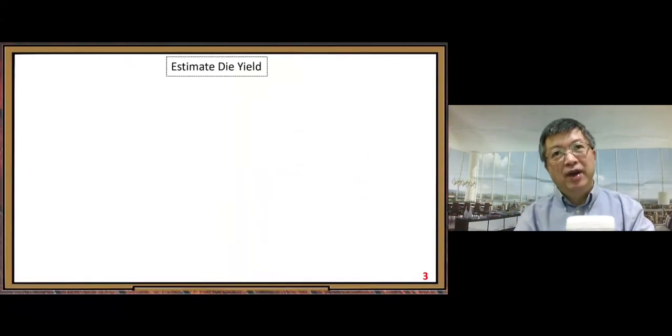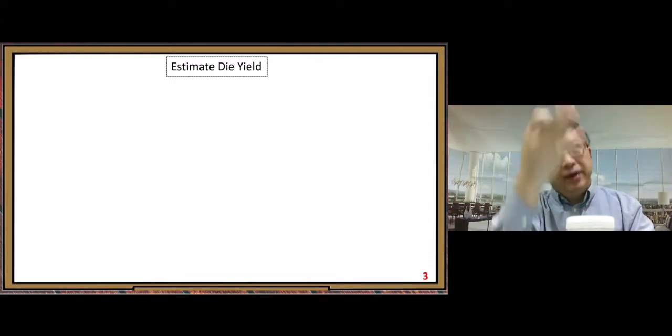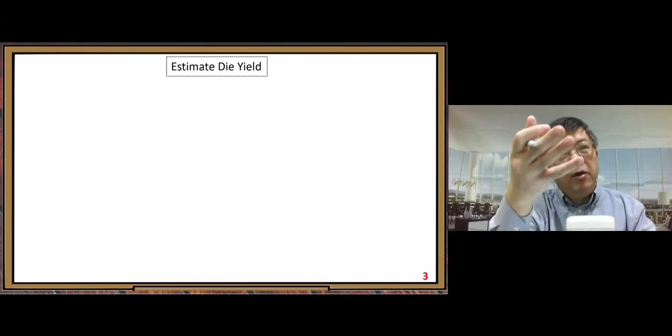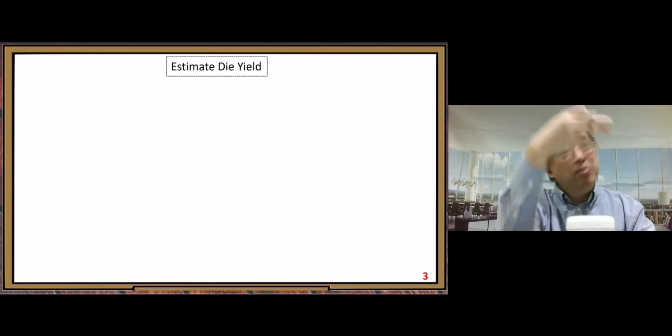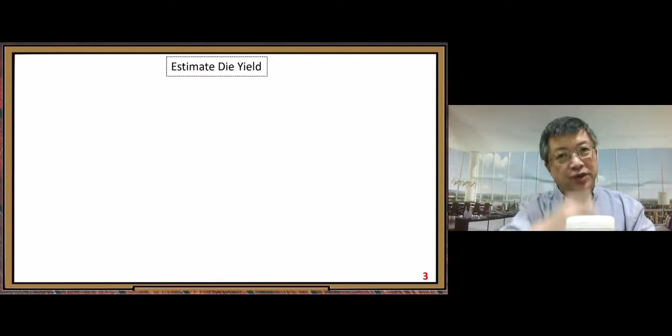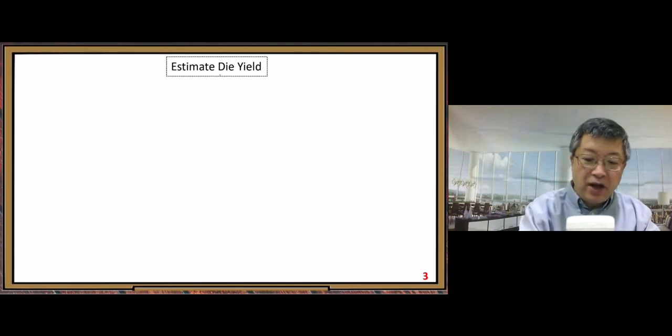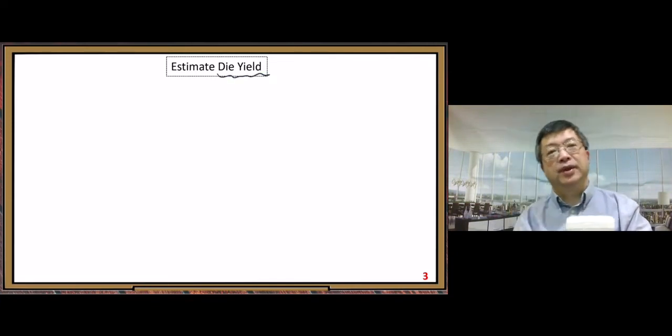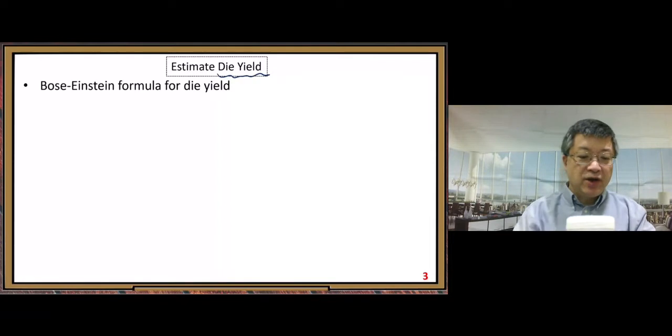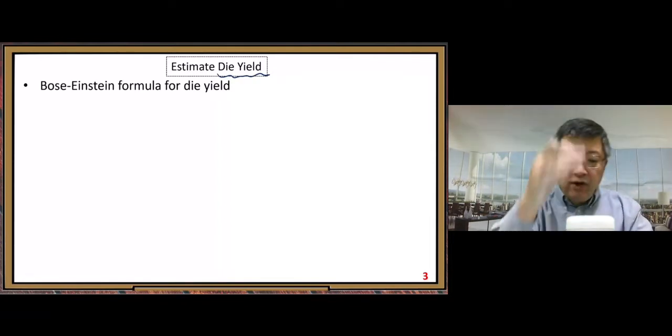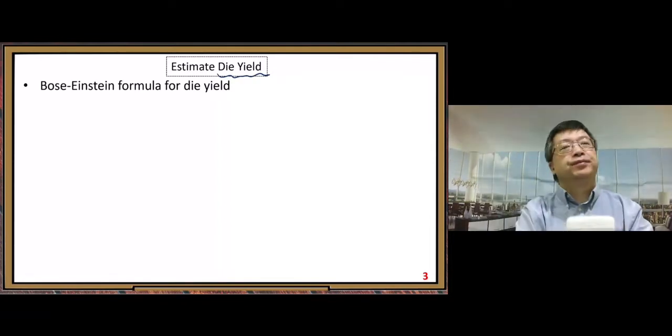All right, so next, another formula. This time, we use another empirical formula to estimate die yield. The formula is called the Bose-Einstein formula for die yield.